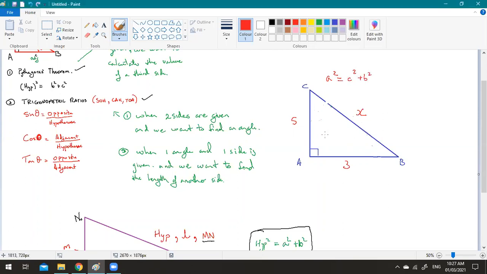So what she did is that she put the common letters. So this will be A, here will be B, and here will be C, right? Now, what I was going to write was this: x squared is equal to 5 squared plus 3 squared. What she said is not wrong. She gave me the formula, right? I started to fill it out.